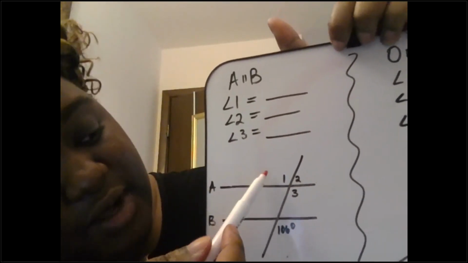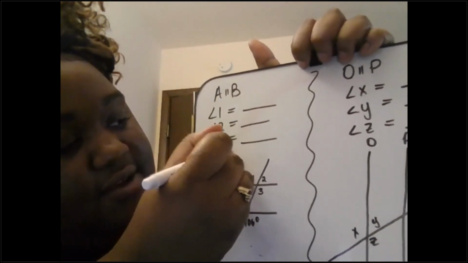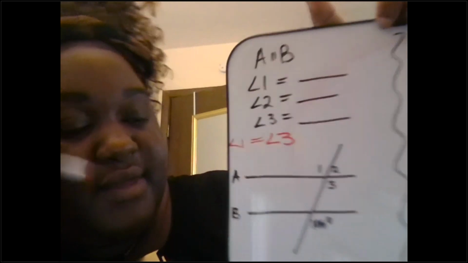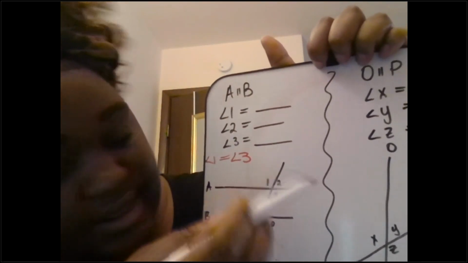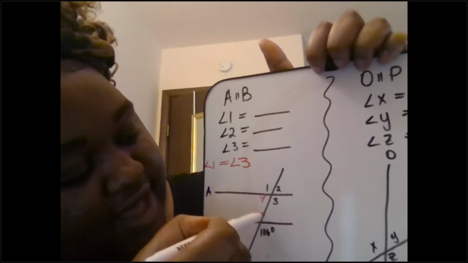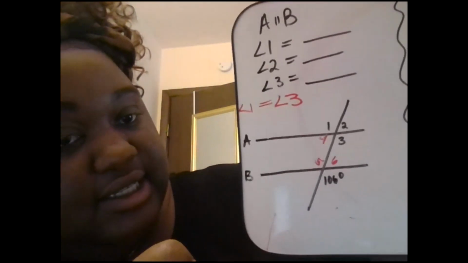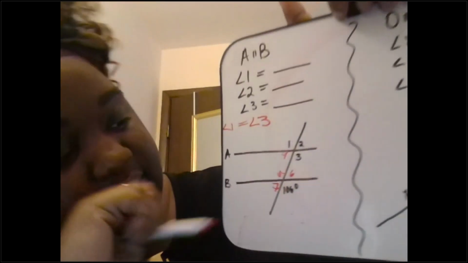So that means angle 1 is equal to angle 3. But also, if I was to number the rest of the angles, let's say I call this angle 4, angle 5, angle 6, angle 7, and then angle 8 is 106 degrees.